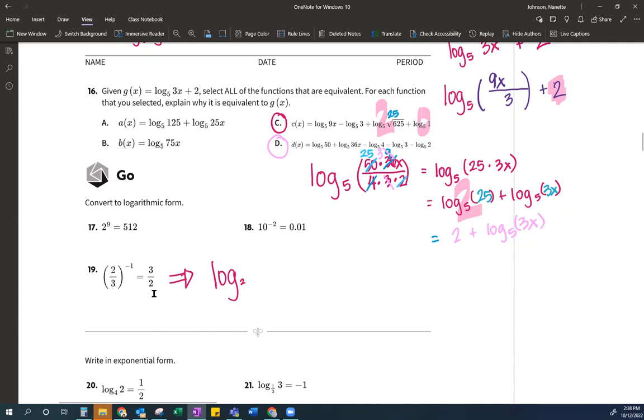So your base is always going to be the base with the exponent. Since this guy had an exponent, that's your base. Got it? Okay, now what's my argument? What goes here? And then what goes on this side? Yeah, 3/2 goes here.